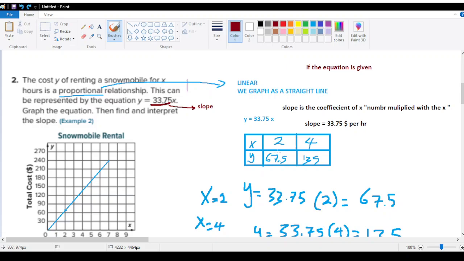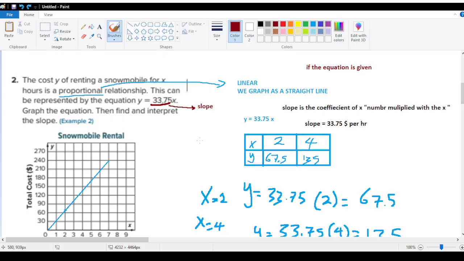We chose both of them. You can choose 2 and 4, or 4 and 6, or 6 and 9. Whatever numbers you want. At the end of the day, you just need to connect these 2 points. If I were in your place, I would use 0 and 1, for example, which is better.